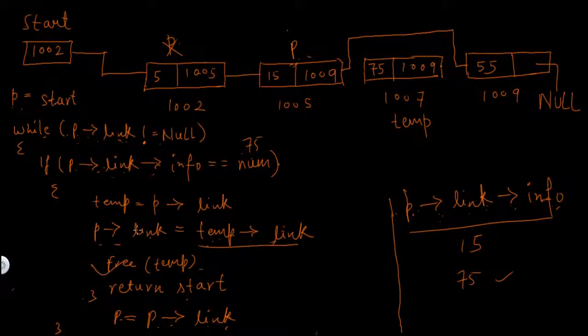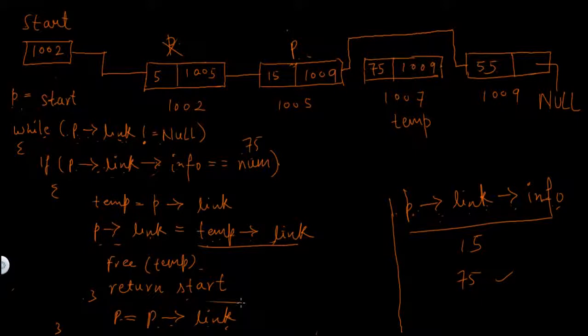Free function I have already explained you. Temp is storing the address of this node, so this memory location will be freed using free function. Now the idea behind this return statement is that if this if condition becomes true, after the node is deleted, we want to move out of delete function because our job is done.